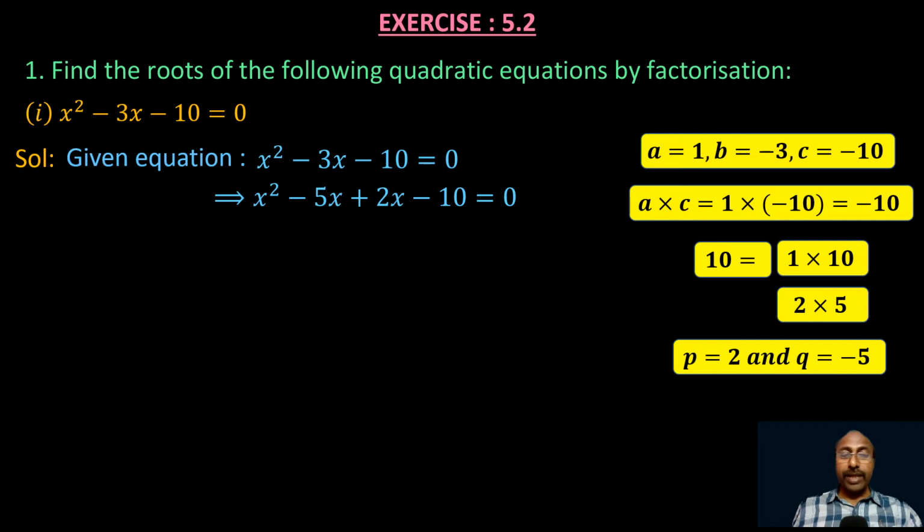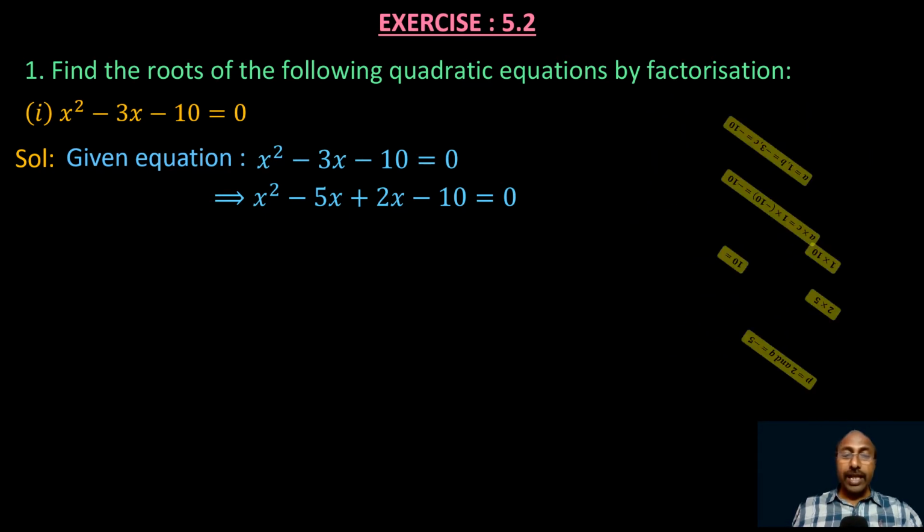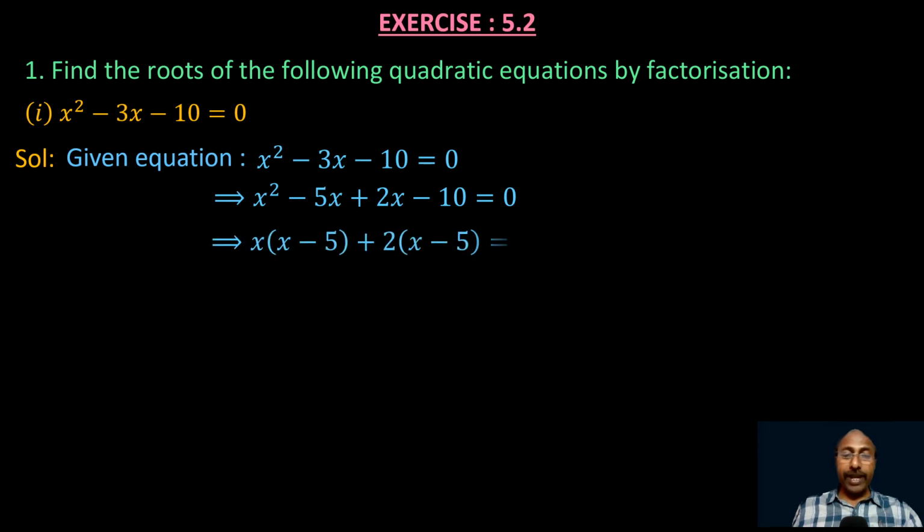Now in this equation, in first two terms we can take x common, and in next two terms we can take 2 common. That is, we can write x into x minus 5 plus 2 into x minus 5 is equal to 0. Again we can take x minus 5 common. So we can write it as x minus 5 into x plus 2 equal to 0.